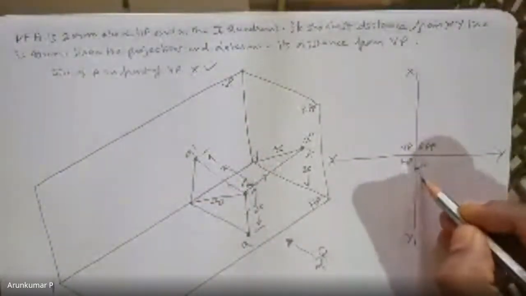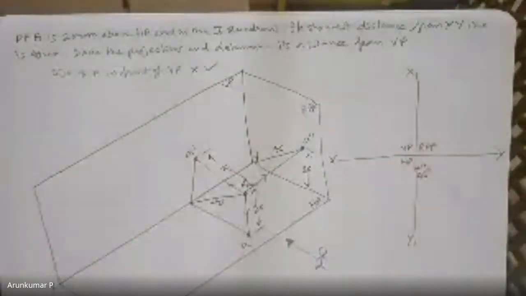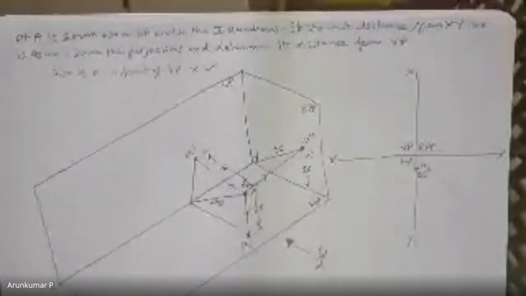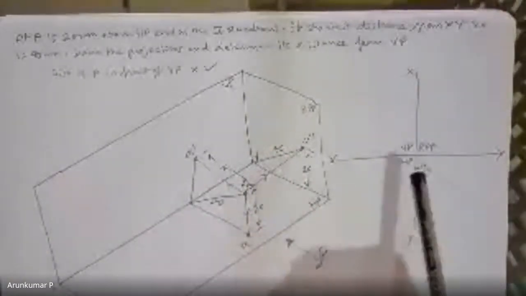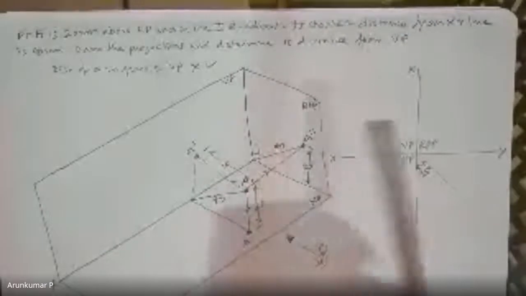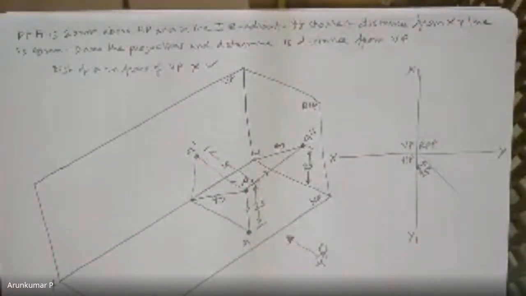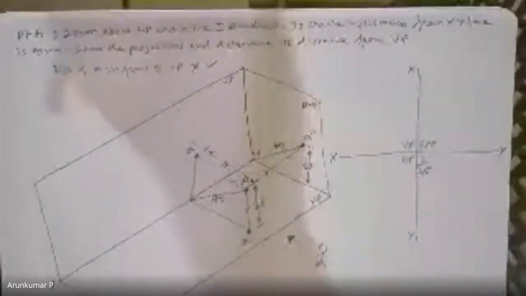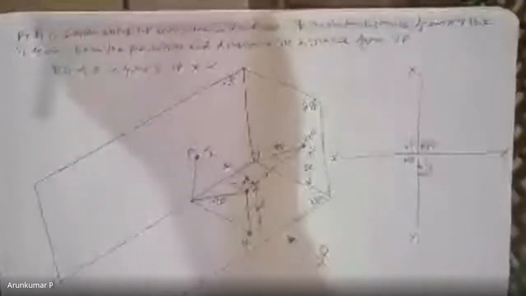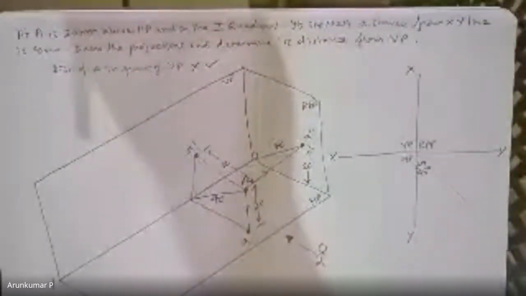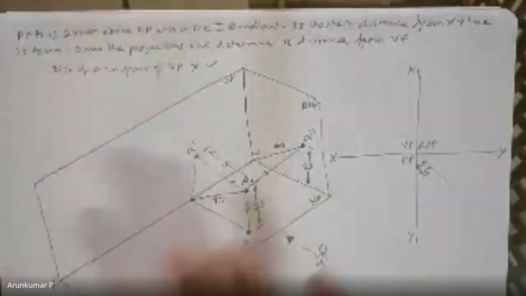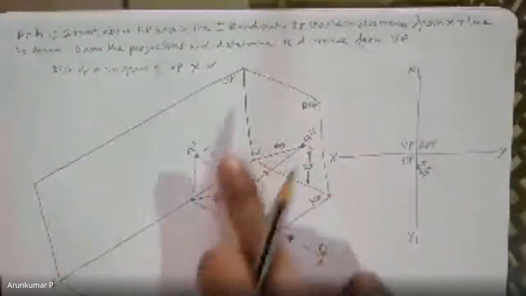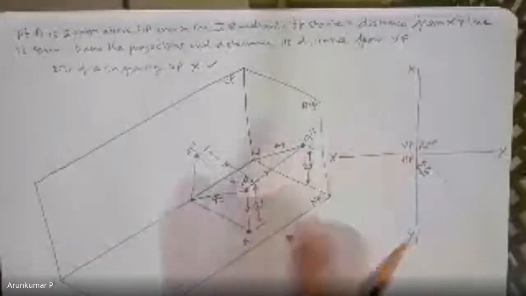This is the arrangement of planes in the first quadrant, with RPP. Now, how to convert this 3D to 2D? How to convert this 3 dimension to the 2 dimensions?